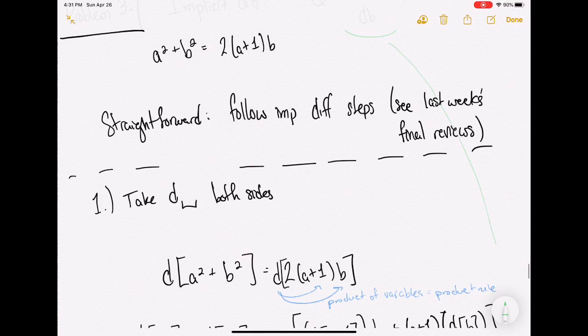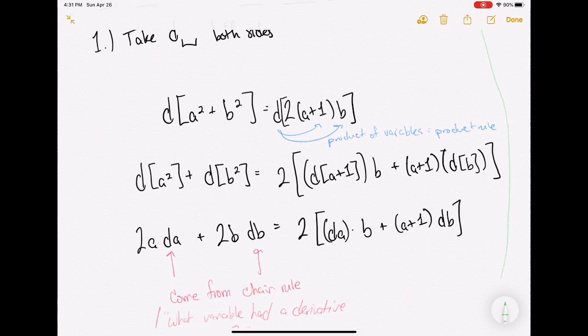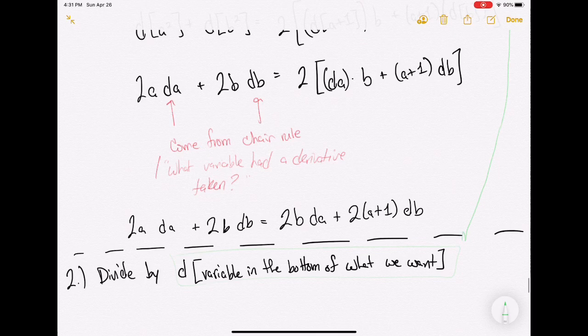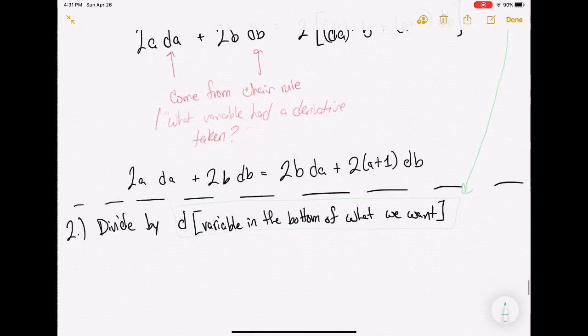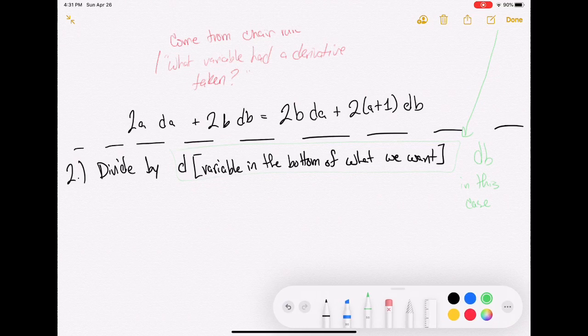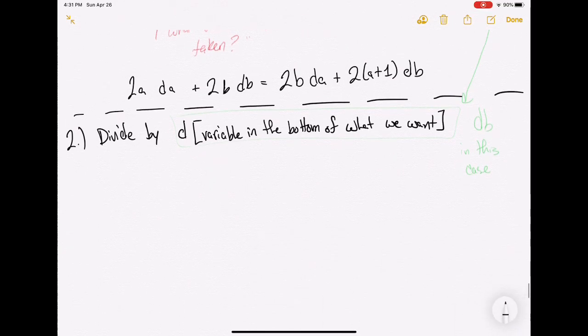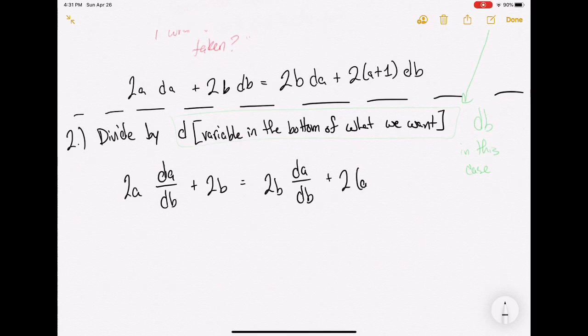So we just divide by that. We get 2a dA over dB plus 2b. Now dB over dB is just 1. Those cancel. We get 2b dA over dB plus 2a plus 1, and dB over dB is again 1.